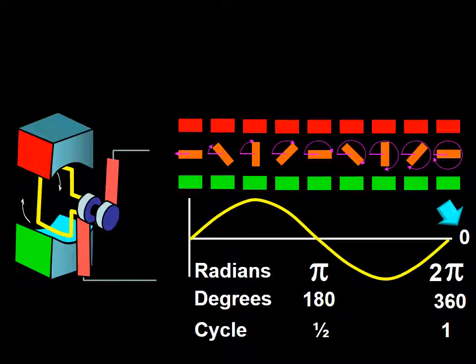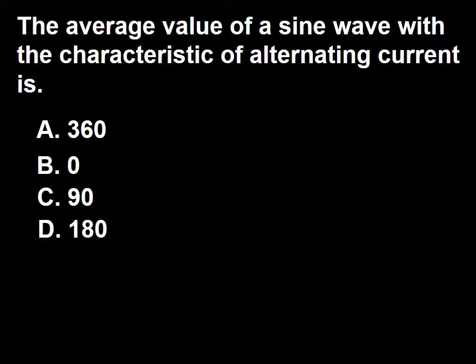This configuration determines that the average of such sine wave will be 0. So the answer to this question is B.